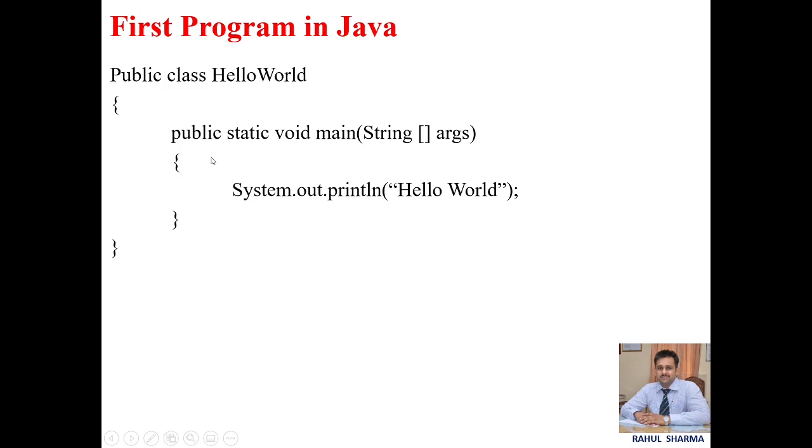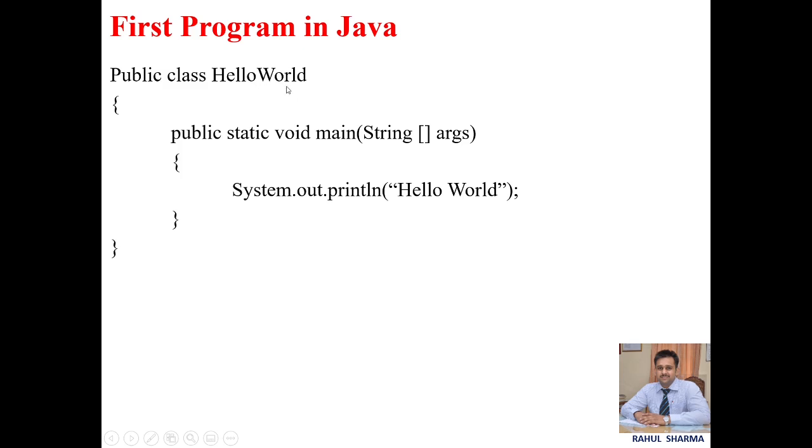Search for the words in which I have written the first letter in capital. If you look at them, one is String and the second one is System. String and System are predefined classes and HelloWorld is made by us.